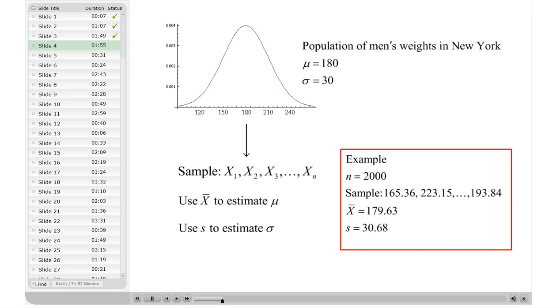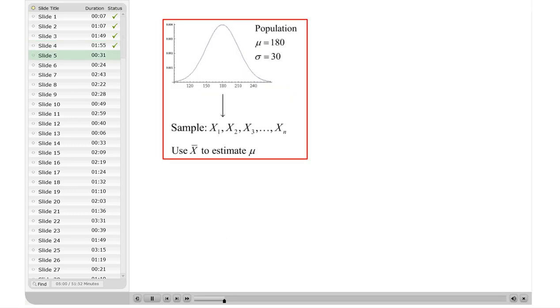So 2 standard deviations here is 60. 180 minus 60 is 120. 180 plus 60 is 240. So that means that we're going to get observations anywhere between 120 and 240 95% of the time. So there is a lot of variability in the numbers that we can observe in our sample.